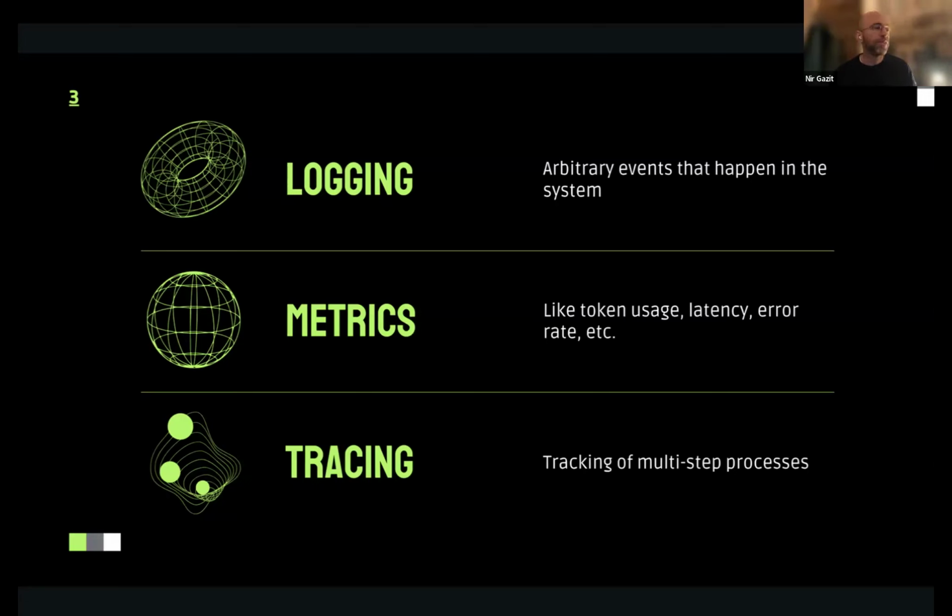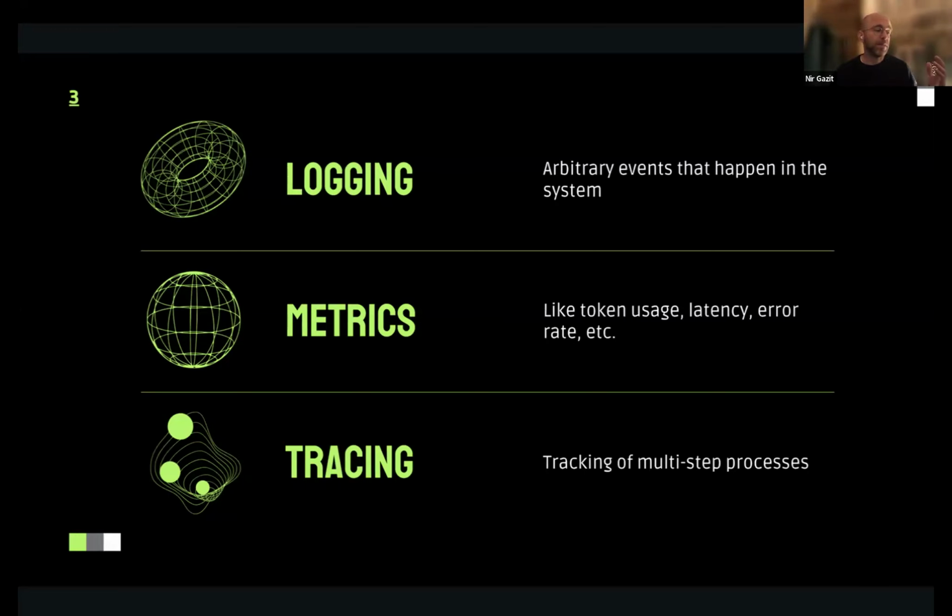If you want to measure how some metric behaves over time, for example token usage, latency, or error rates, you can use OpenTelemetry to report those metrics in a standard way, and you can connect it to any platform to visualize them or get alerts on them. And lastly is tracing.